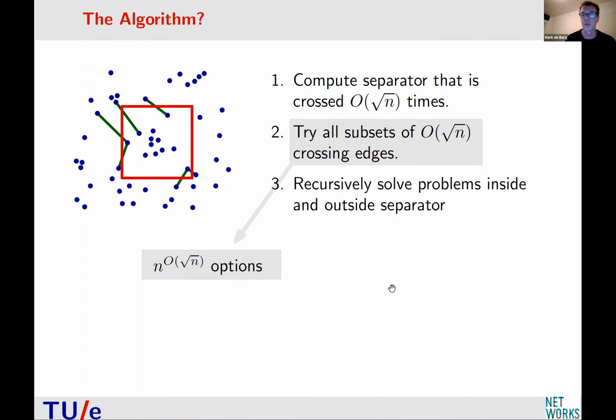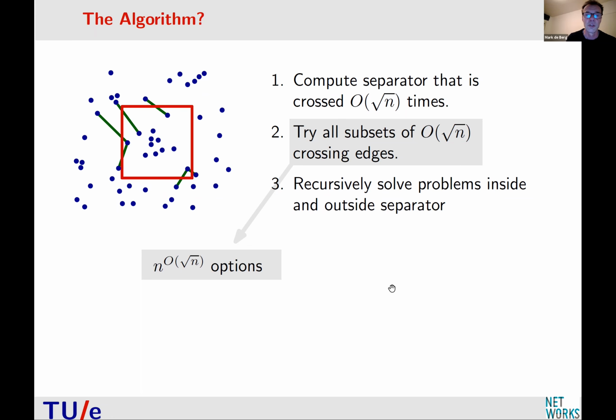I'm going to do all these guesses. Of course, I have n squared edges from which I have to choose. I choose square root of n of them, and I make all possible ways of doing that. Of course, some I can immediately discard, like if I have a subset where a point is incident to 3 edges, that doesn't make sense, and so on. But the total number of options that I have to check is at most n to the order square root of n.